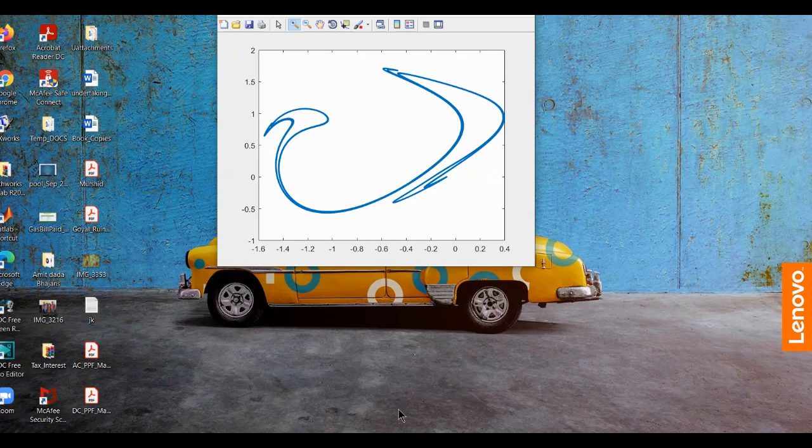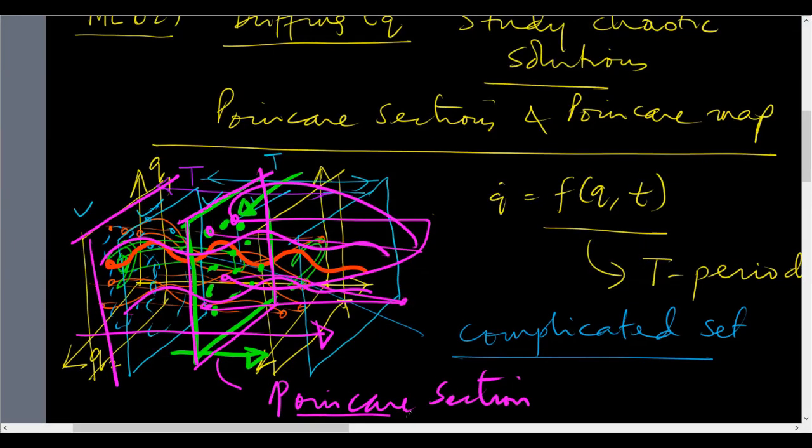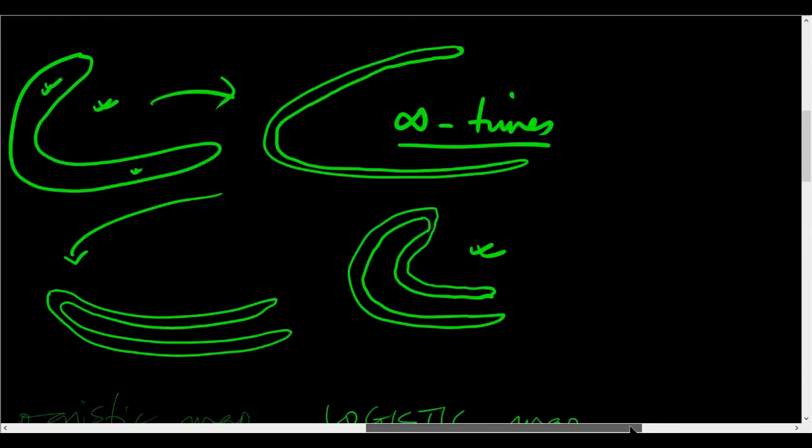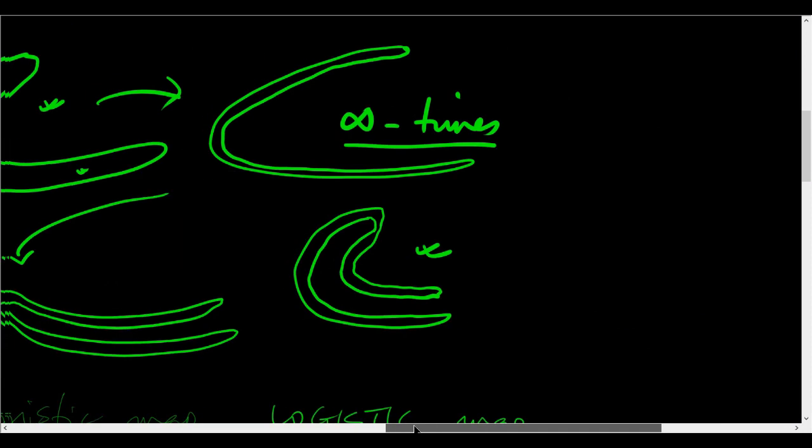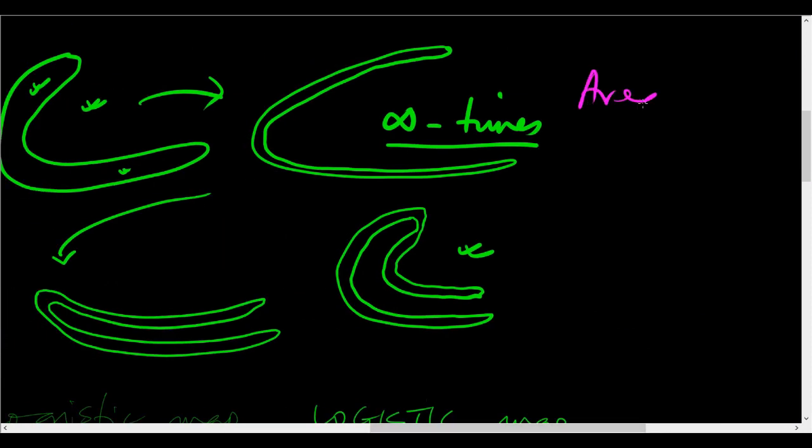And the stretching and folding has the following consequence. It is somehow very important for chaos in flows. You stretch it and fold it, you stretch it and fold it, the area goes to 0, length goes to infinity, right?